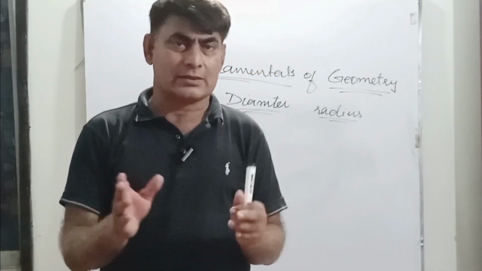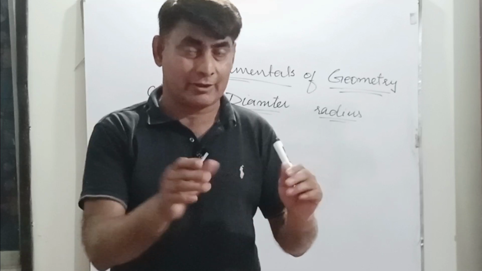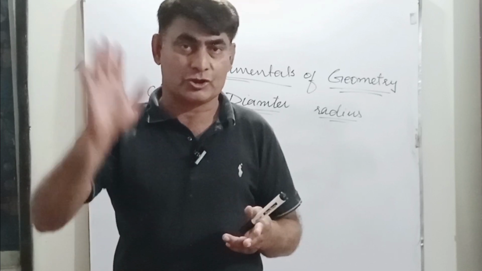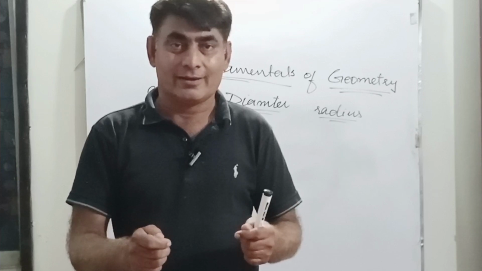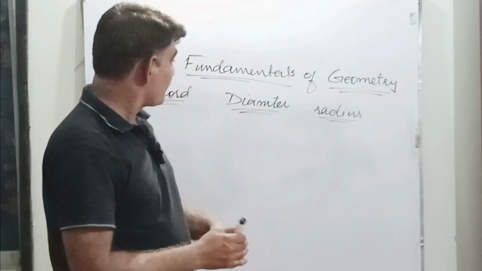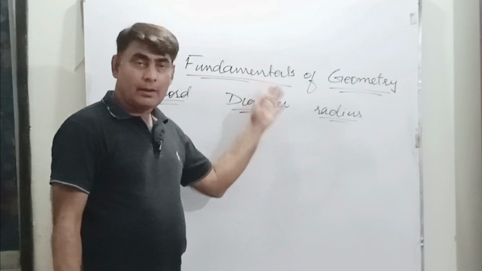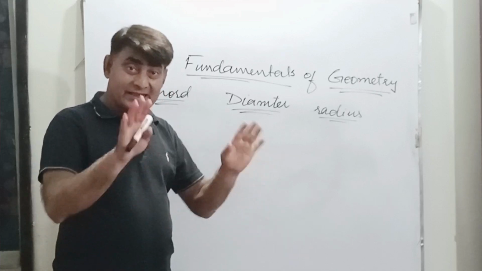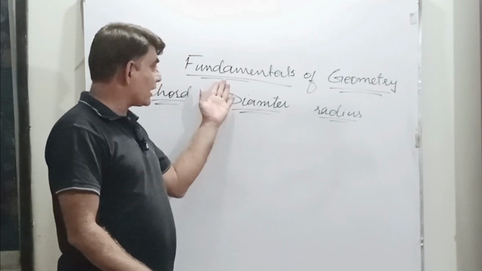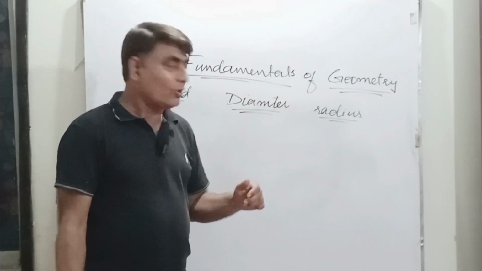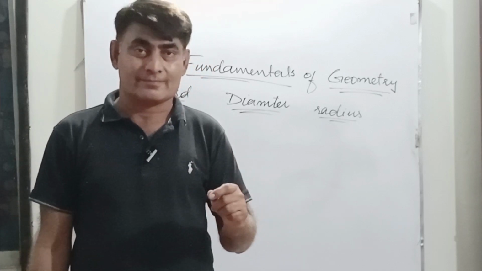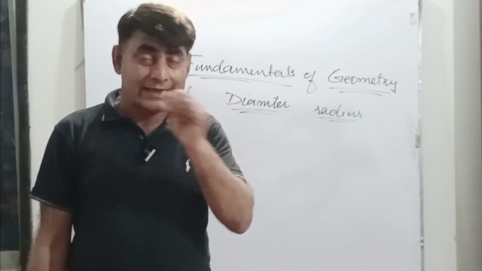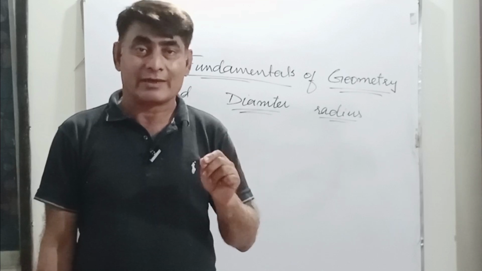But when we discuss fundamentals of geometry, there must be a unique definition that shows the origin. I have told you already, fundamental means based on foundation, very basic. So right now, we are going to discuss the basic things related to geometry.